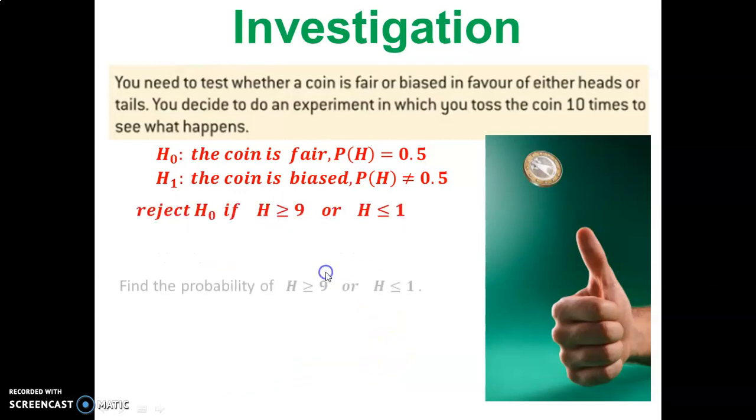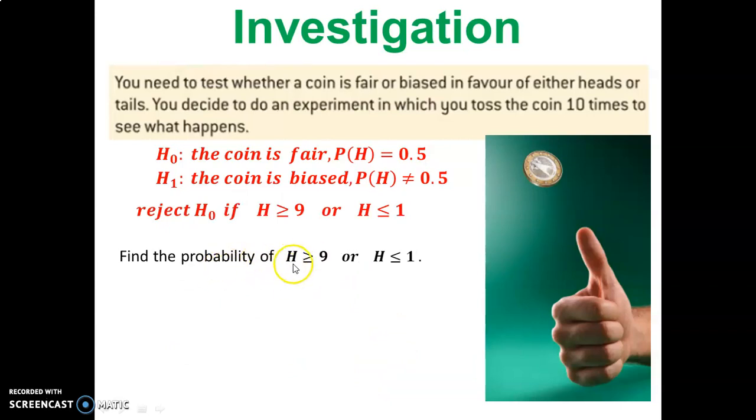Okay, next. Let's find the probability of the heads being 9 or greater, or 1 or less. So this, you may be thinking back, I hope, to binomial distribution. So I'll set up the binomial for you here. We have this binomial, so heads is distributed binomially. We're running 10 trials, 10 tosses of the coin, and we are expecting heads 50% of the time.